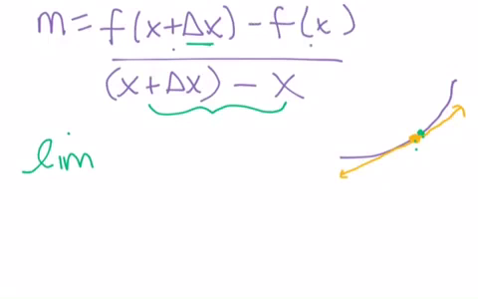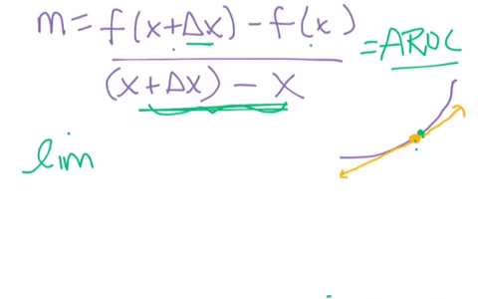So if I want not an average rate of change, if I want an instantaneous rate of change, I want this bottom value here, which simplifies to simply be delta x, I want it to go to 0, which means these 2 points end up being on top of each other and become 1 point, giving us a tangent line rather than a secant line.